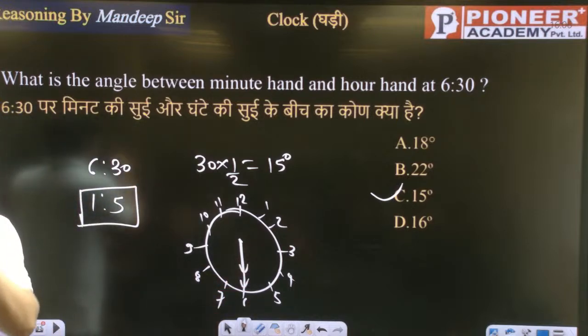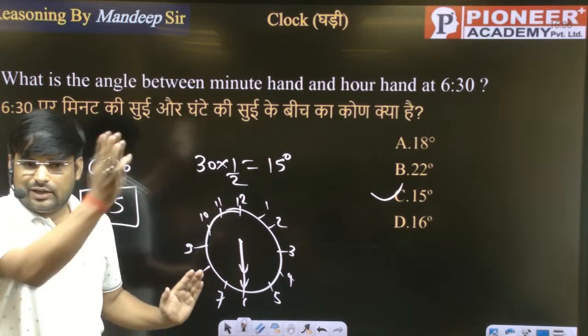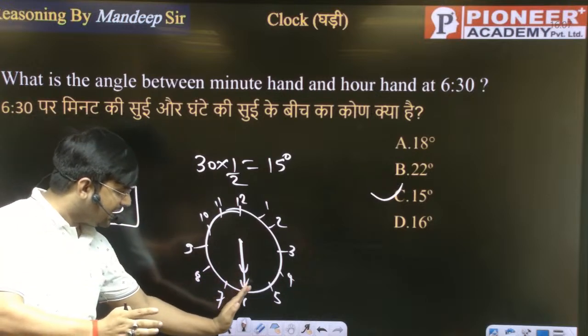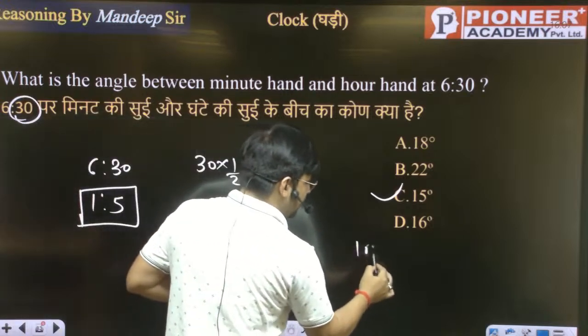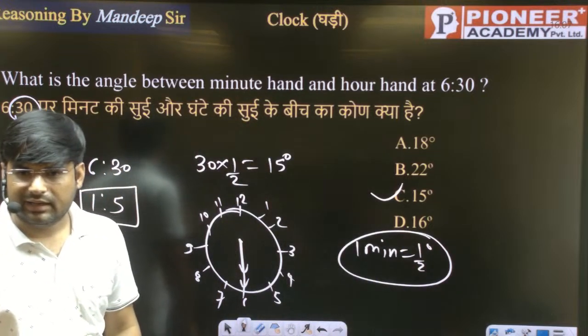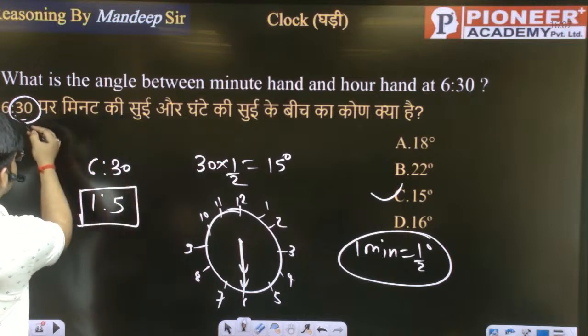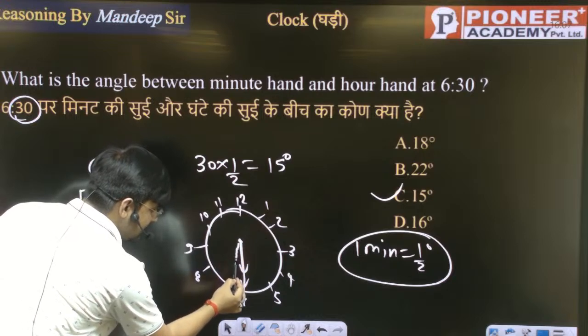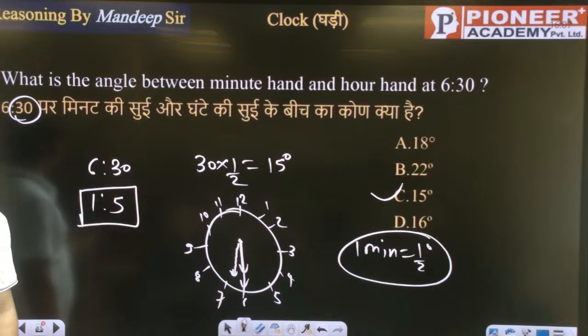It's confirmed that the minute hand is at the place of number 6. But the hour hand moves forward, because in 30 minutes the clock moves forward by half of the 30, because in every 1 minute the hour hand moves half a degree. So in 30 minutes it moves half of 30, 15 degrees. So the hour hand is not at the same place. Is it clear?